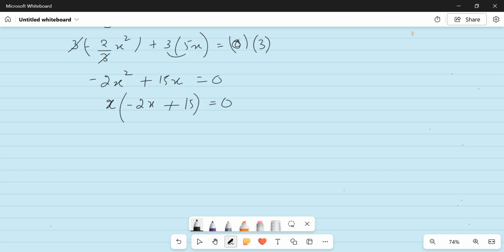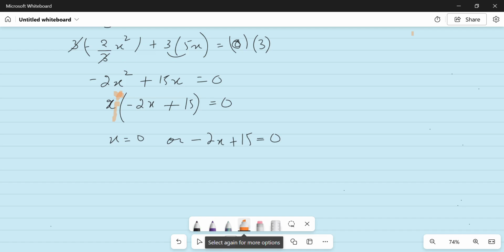Now this is the form that will give us two values. Here it's a multiplication sign. Whenever there is a multiplication sign between two terms, like a bracket and a variable, we need to find two values, right? This is the standard form of the quadratic equation. So x equals 0 or negative 2x plus 15 equals 0.